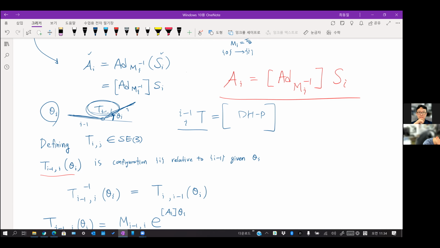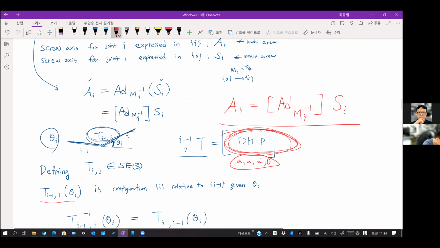Actually, when we learned about each parameter, we constructed this homogeneous transformation from the a, alpha, d, theta parameters. Using these parameters, we constructed some equation about this one.